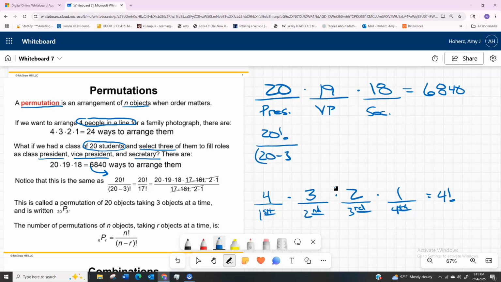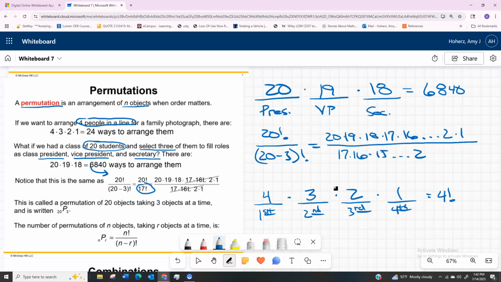You would actually get the same thing, because the top is 20 times 19 times 18 times 17 times 16 and so on until we get down to 2 times 1. And then the bottom is 17 factorial, which would be 17 times 16 times 15 all the way down to 2 times 1.